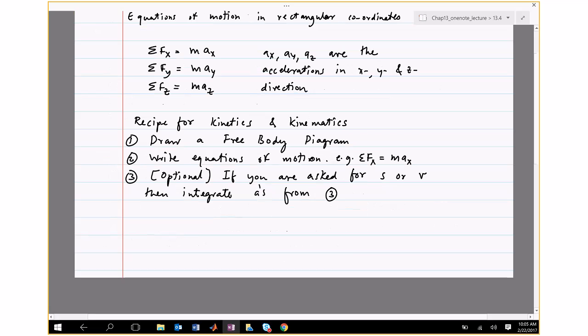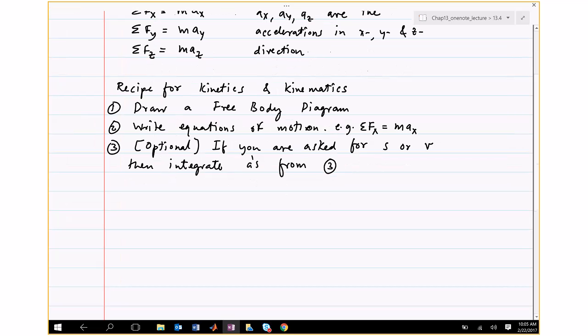So a little bit about drawing free body diagrams, which I'll abbreviate as FBD.